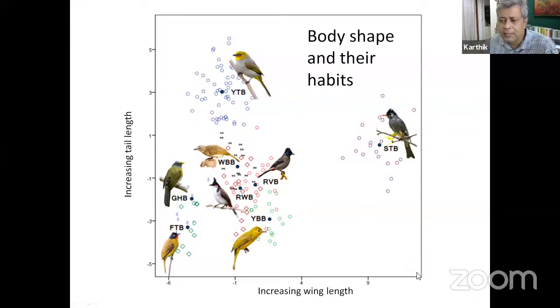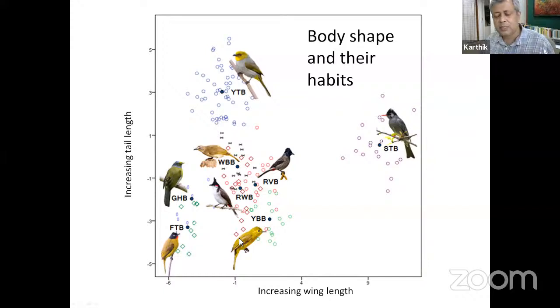And wing length, here in this black bulbul, you find the wing length maximum. That is because it can fly long distances continuously, and that is not possible with the yellow-throated bulbul. So this already gives us some idea about where our bulbul might be.